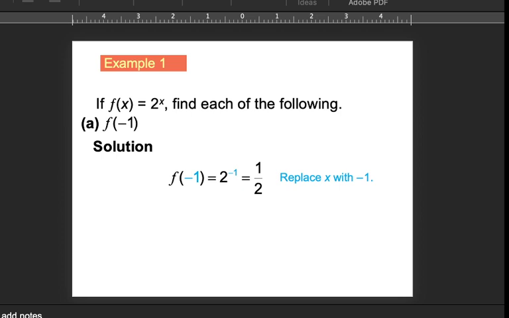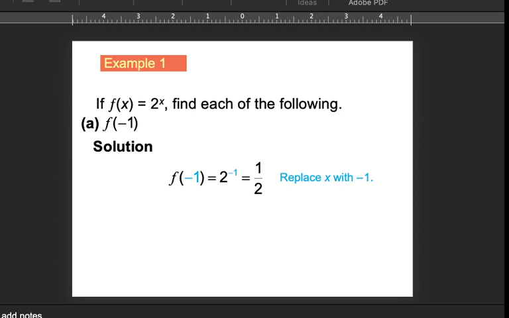I'm going back to the board for one second. Follow the arrows: f of -1 is equal to 2 to the -1 power.